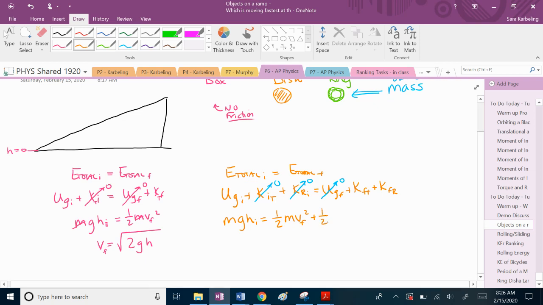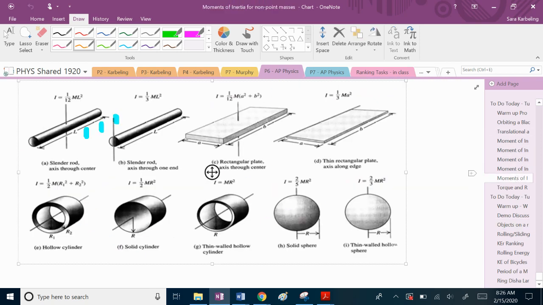That's going to be the 1/2 I omega squared. So in order to figure out what to do with that, we need to figure out what I is. And I, in this case, for a disk, let's go ahead and take a look way up here, moment of inertia. I think it's right there, okay? For a disk is 1/2 mr squared, okay?